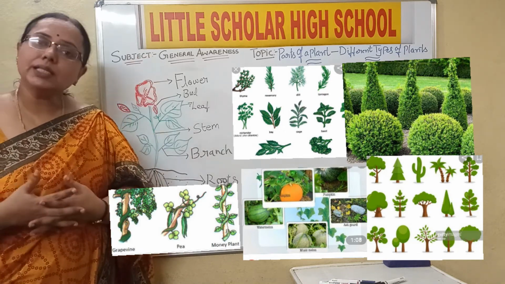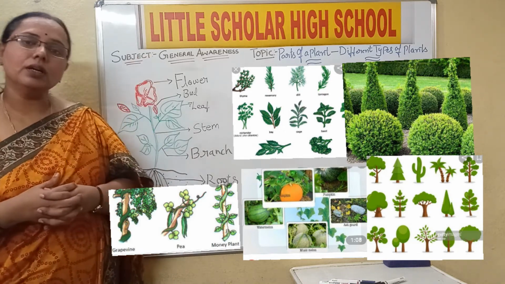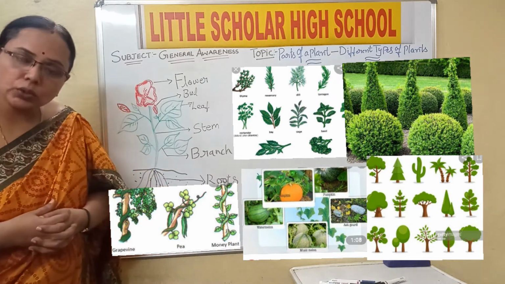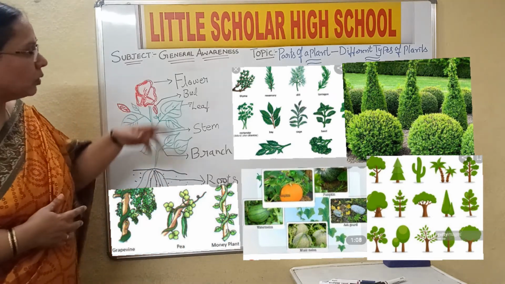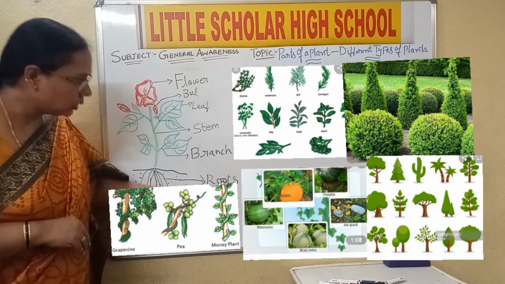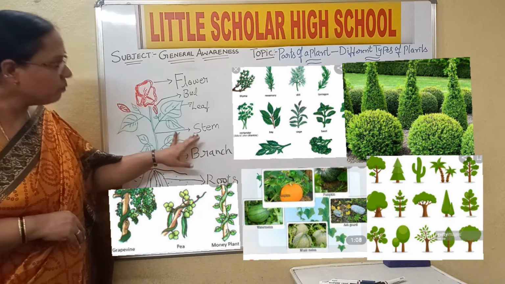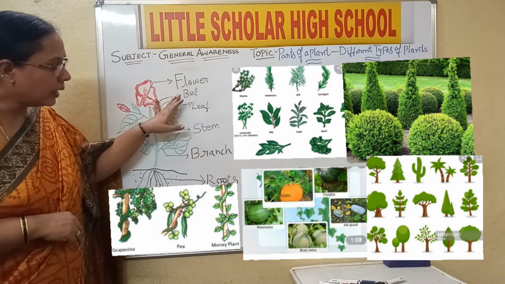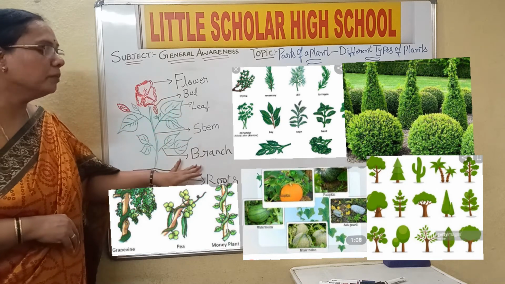Okay, children, so these are the different types of plants. What we have learnt in today's class is the different parts of a plant: the roots, the stem, flower, bud, leaf and branch.